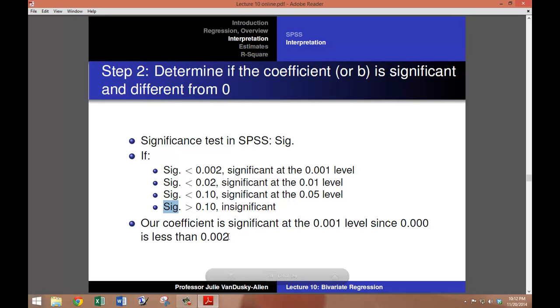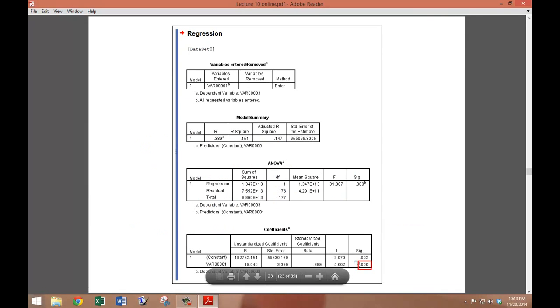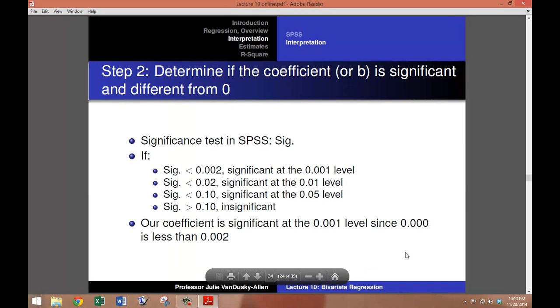If the sig value is greater than 0.10, the coefficient is insignificant and indistinguishable from 0. Going back to our example, our coefficient is significant at the 0.001 level, since 0.000 is less than 0.002.